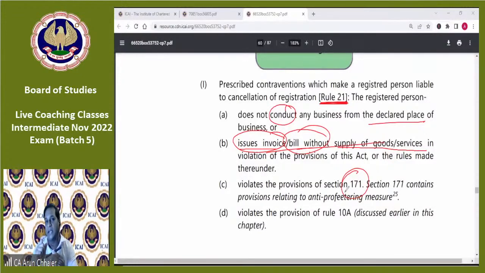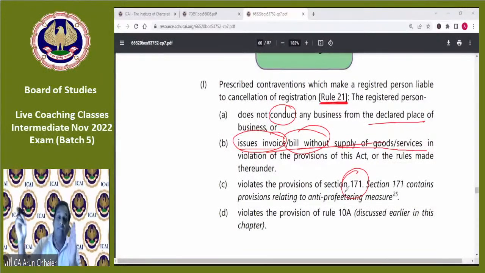My final price should not be increased, so I have to reduce my final price. Let's say 100 plus 18, I'm charging 118. Now from tomorrow onward, I will charge 100 plus 5%. I cannot say my price would remain 118, inclusive of tax. Whenever any benefit arises to the supplier, it will be transferred to the customer.